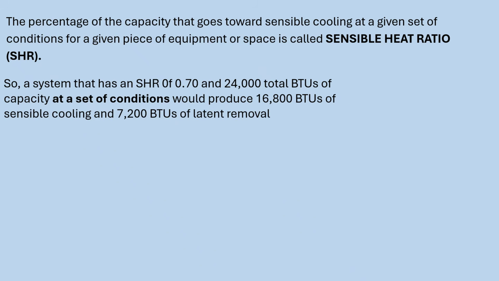So a system that has a sensible heat ratio of 0.70 and 24,000 total BTUs of capacity at a set of conditions would produce 16,800 BTUs of sensible cooling and 7,200 BTUs of latent removal.